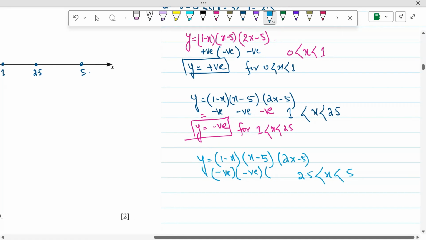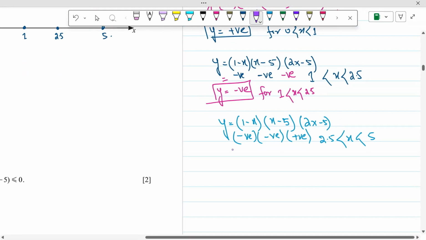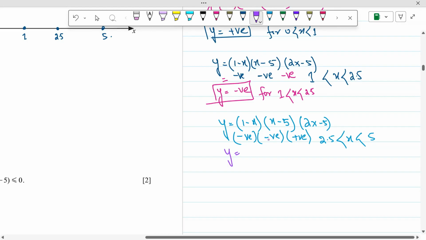When we plug in values between 2.5 and 5 into 2x minus 5, and multiply by 2, it will be greater than 5, so this will always be positive. So y is negative times negative, which is positive, times positive, which is positive.